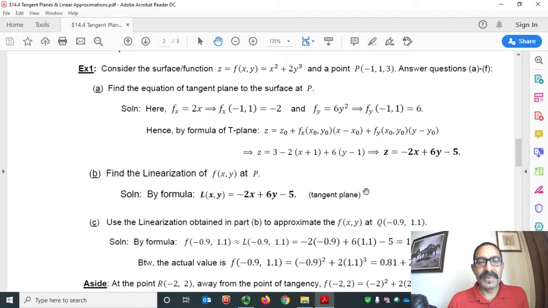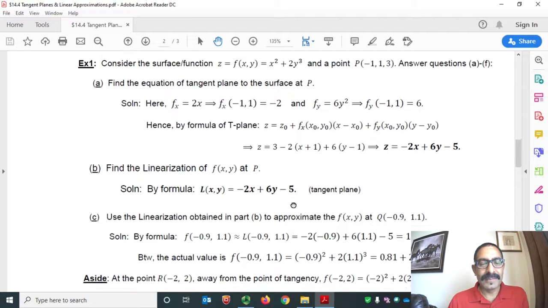Now part B. Find the linearization of f at point P, or linear approximation of f at point P. This is simply L(x, y) equals the right hand side of the equation of the tangent plane. So L(x, y) equals -2x plus 6y minus 5. Great.